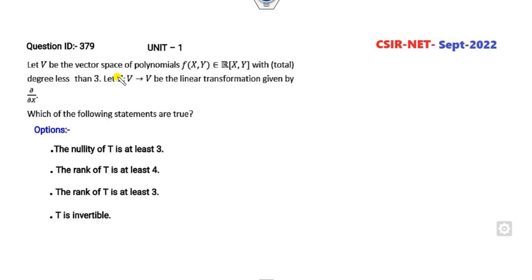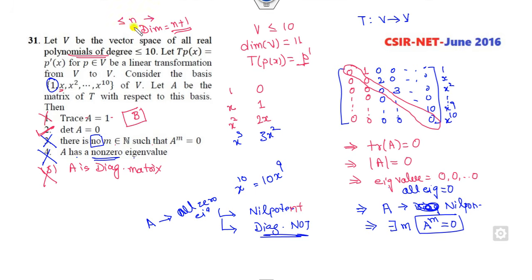Okay, V is the vector space of polynomials f of x comma y with degree less than or equal to 3. Now it's a polynomial of two variables. What I discussed earlier is that for a polynomial in one variable of degree n, the dimension is n plus 1.